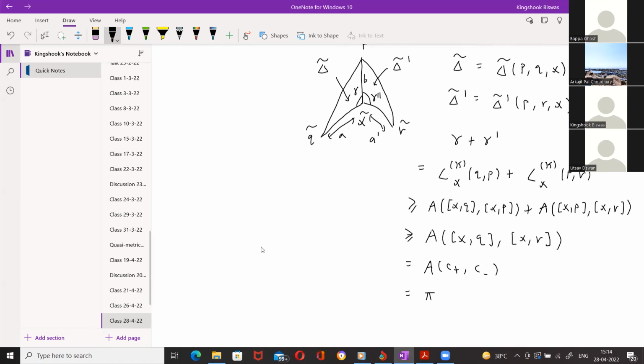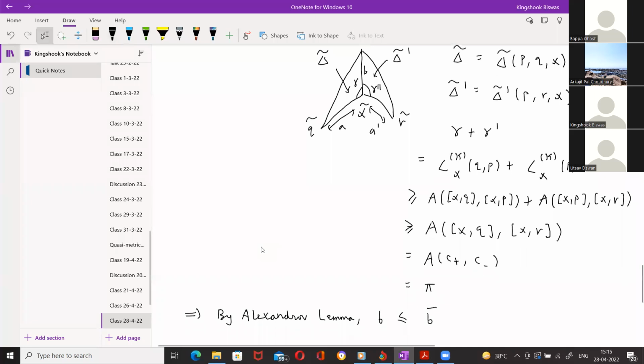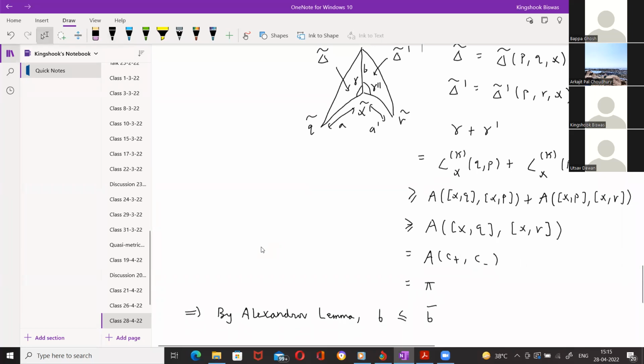Therefore, by the Alexandrov lemma, B is less than or equal to B bar, right? Is this clear? That's what the Alexandrov lemma says.